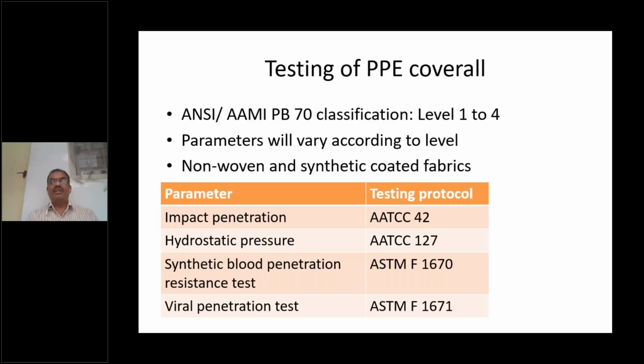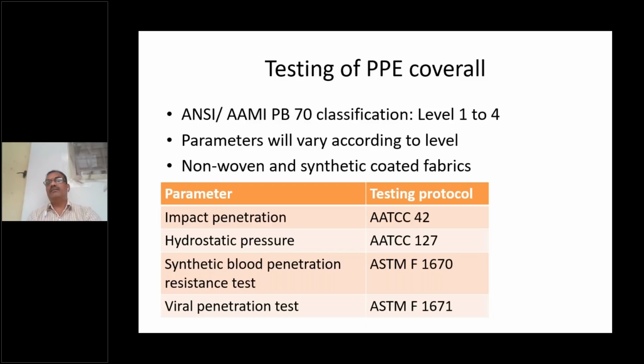Now, considering broadly, what are level 1 and level 4? As I told you earlier, if you want to supply a coverall for a doctor who will be in a COVID or other disease-spread section, then he requires a level 4 coverall. If it is a person working in reception, on the transport side or in the hospital, they are also medical workers, but not like a COVID doctor.